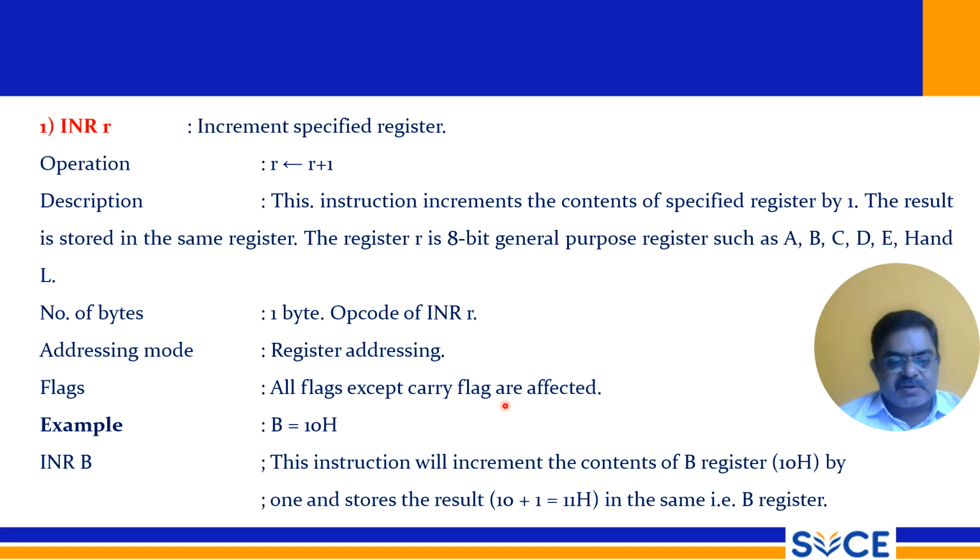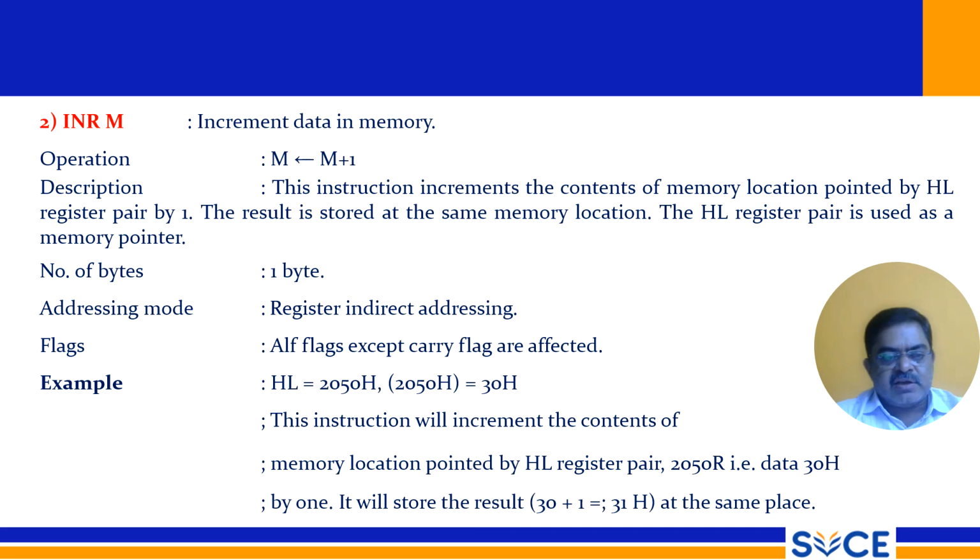All flags except the carry flag are affected. For example, B equal to 10H. This instruction will increment the contents of register B, that is 10H, by 1 and store the result, that is 11H, in the same register B. So that is increment R. And INR M: the contents of the memory location pointed to by the HL register pair will be incremented by 1.